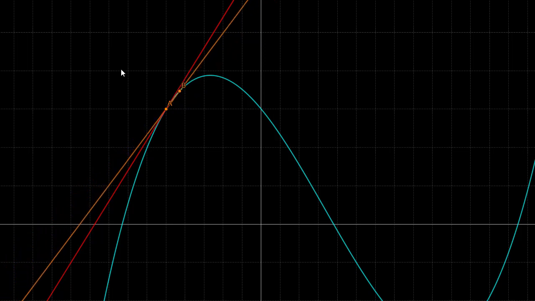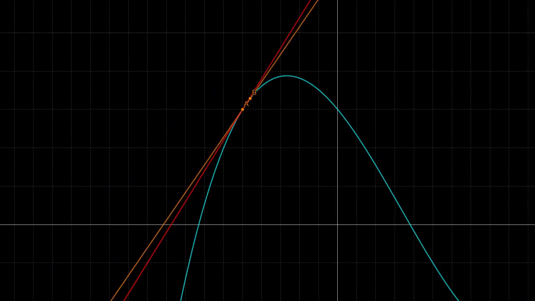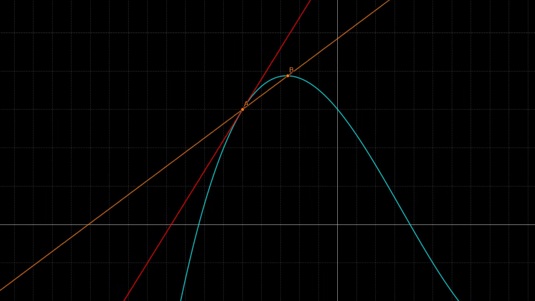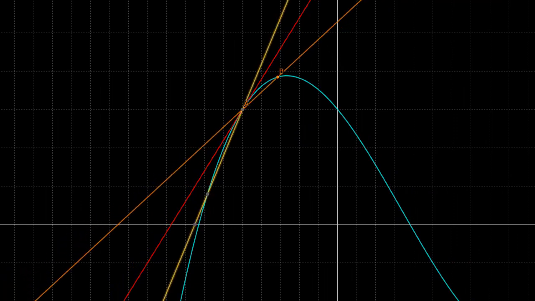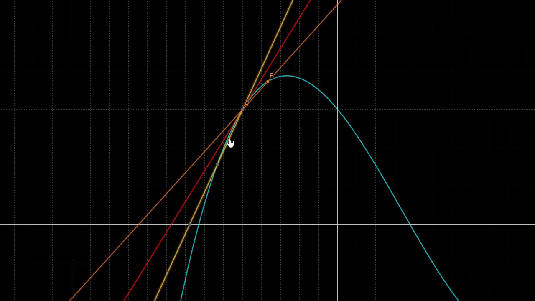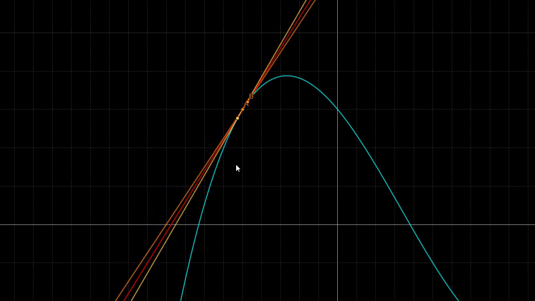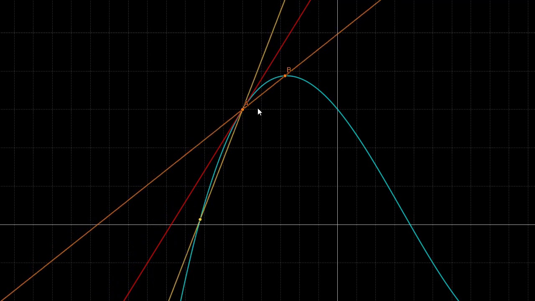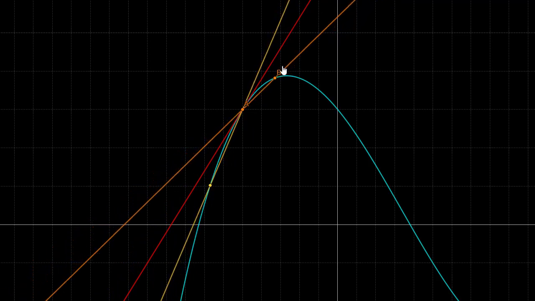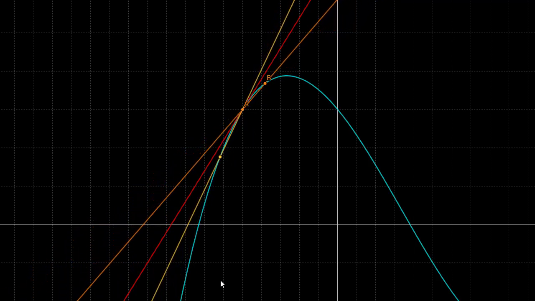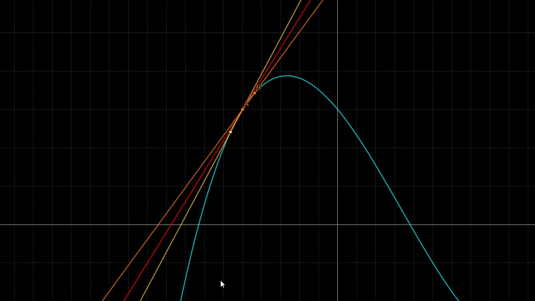Okay, so here we have from this side, and we can actually look at the secant lines from the other side as well. And so on both sides, they are approaching this red line I've drawn, which is the tangent line.